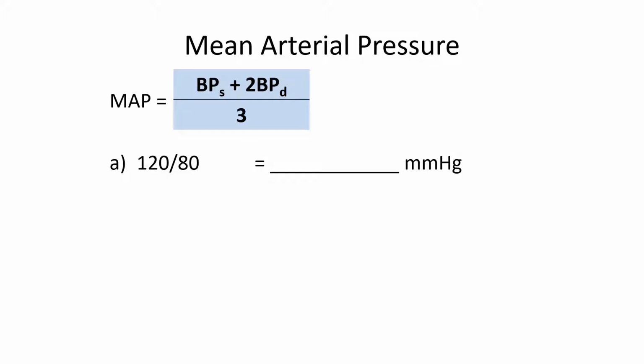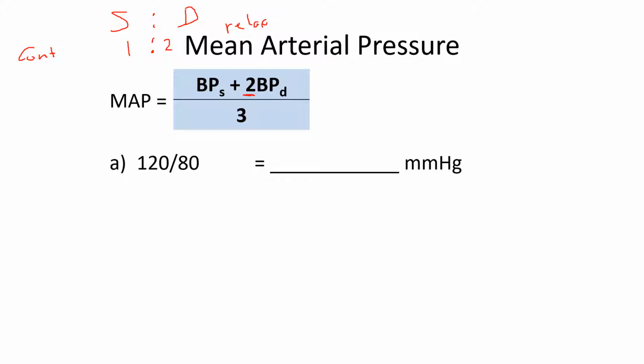MAP. Systolic versus diastole. So the time spent in systole is usually half the amount of time spent in diastole. So in contraction versus relax. Hence, we're going to multiply the diastolic pressure because we spend twice as much time in diastole as opposed to systole.